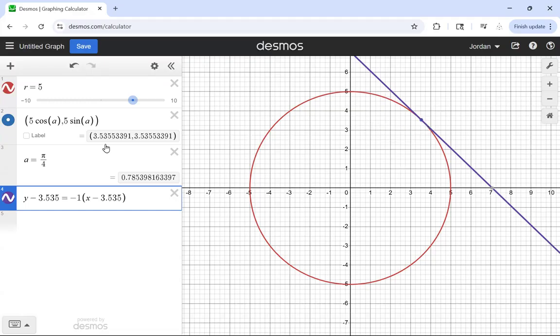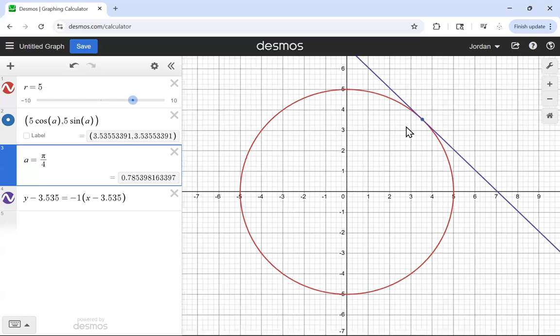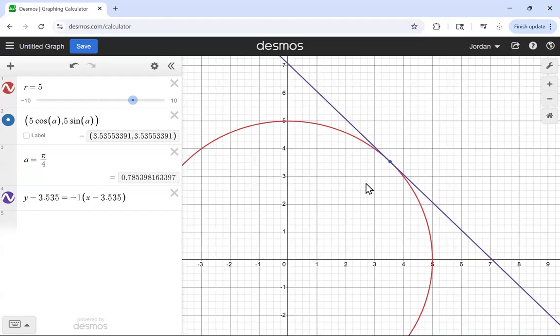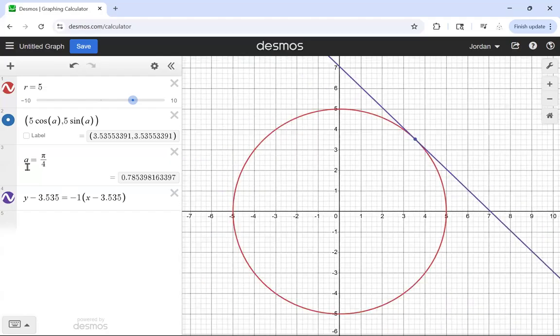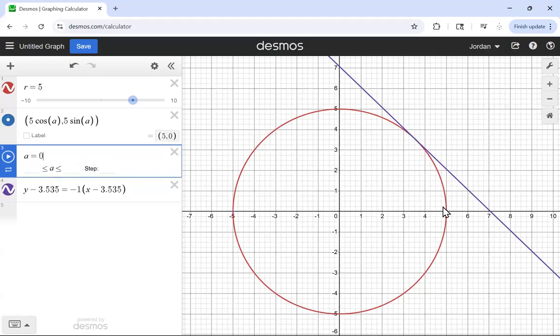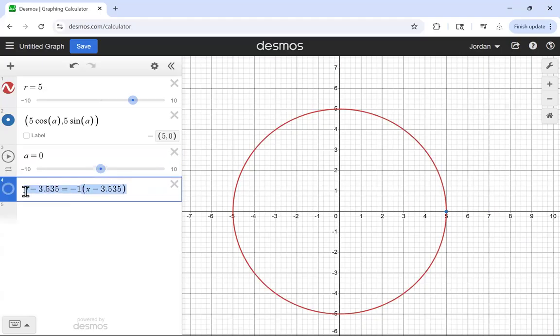Oh, I'm not on the circle. There we go. Again, that's the tangent line. And as I move that around, if my angle theta were 0, I'd be here at the point 5,0. And obviously, slope of that tangent line is infinite.